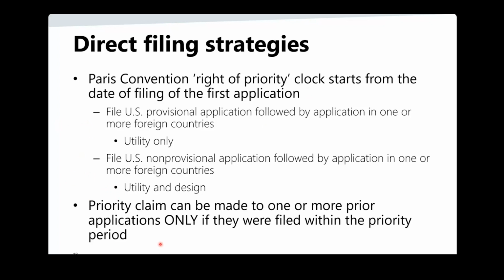The priority claim can be made to one prior application, two, three, four, multiple applications, but they all need to be filed within that priority period: the 1 year for a utility application, the 6 months for a design application.